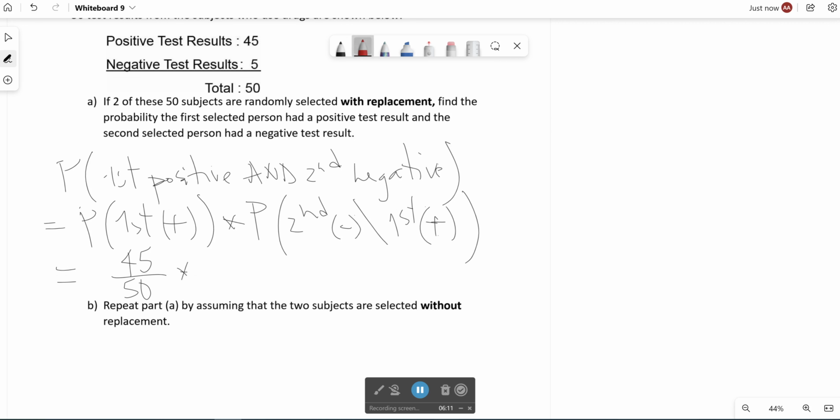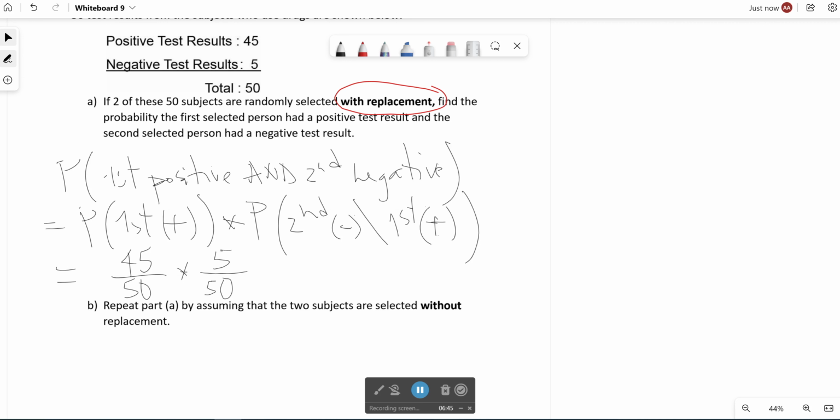Because the selections are made with replacement, by the time we pick the second person, we're still picking out of the 50 individuals, because the first chosen person was replaced into the selection pool. So out of those 50, how many tested negative? 5. So this will be the probability we're looking for.